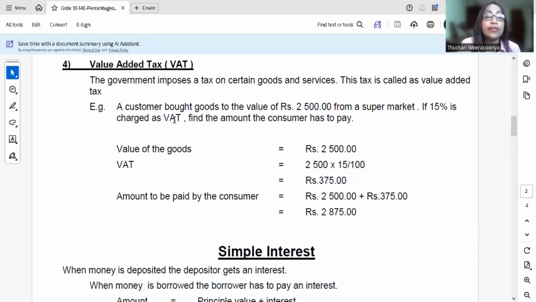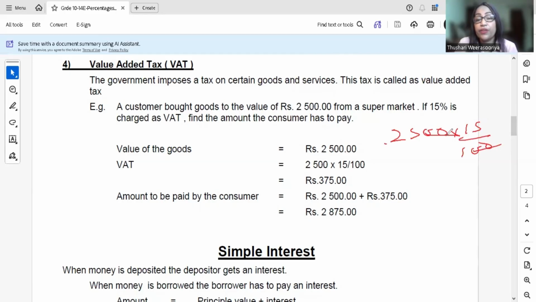Look at this example. A customer bought goods to the value of 2,500 from a supermarket. If 5% is charged as VAT, find the amount the customer has to pay. The value of the goods is 2,500. Then on top of 2,500, we get the percentage.